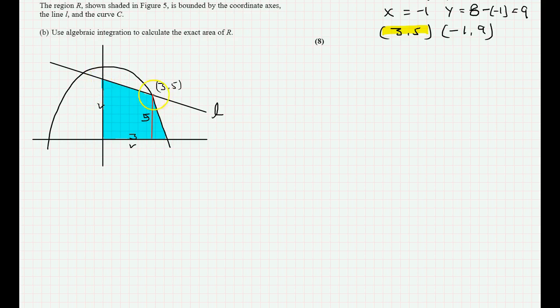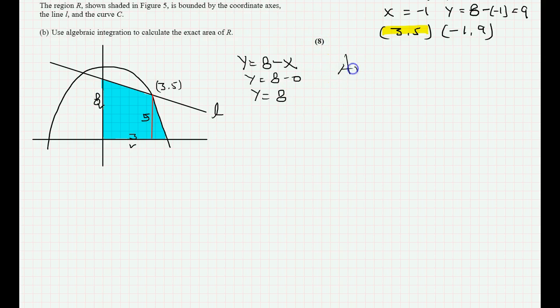Now this is the line L. The equation of line L is y is equal to 8 minus x. On this line the x is 0 because it is on the y-axis. So put x equal to 0, y will be 8 minus 0. So y is 8, which means this length is 8.